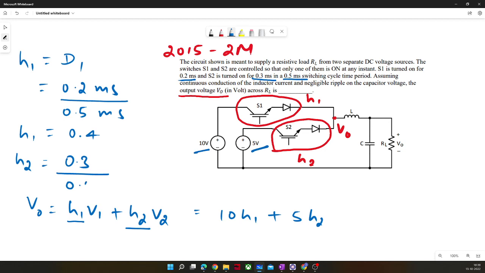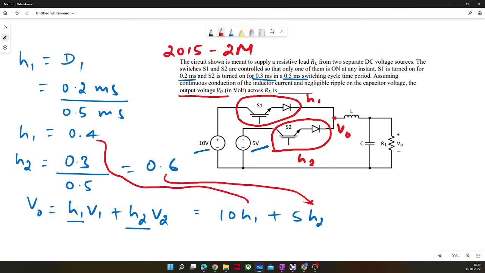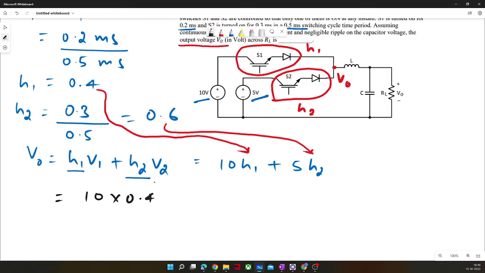The time period is given as 0.5, so it will be 0.6. So now you just need to put the value 0.6 here and 0.4 here. Your job is done. So 10 into 0.4 plus 5 into 0.6 will come out to be 4 plus 3, which is 7 volts. So 7 volt would be your answer.